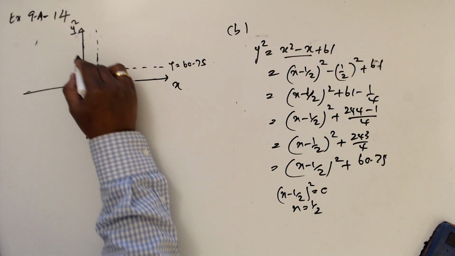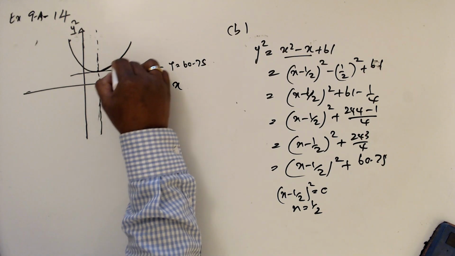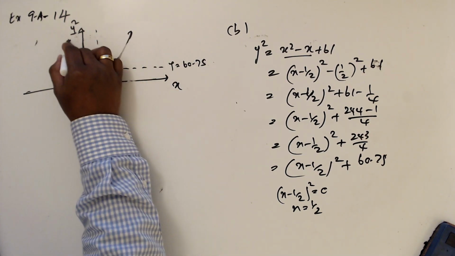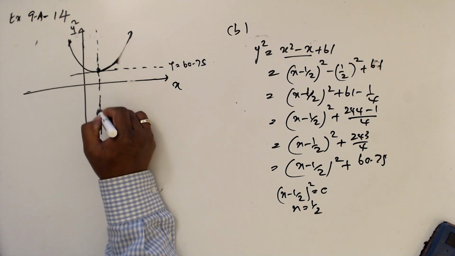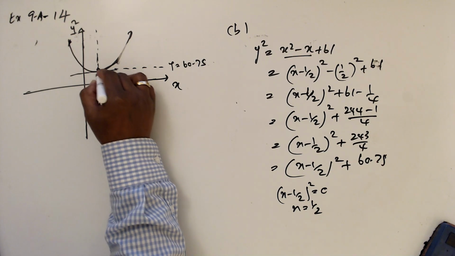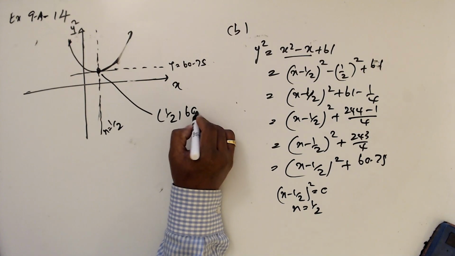So this is the minimum value. The coordinate of this point is half, 60.75.